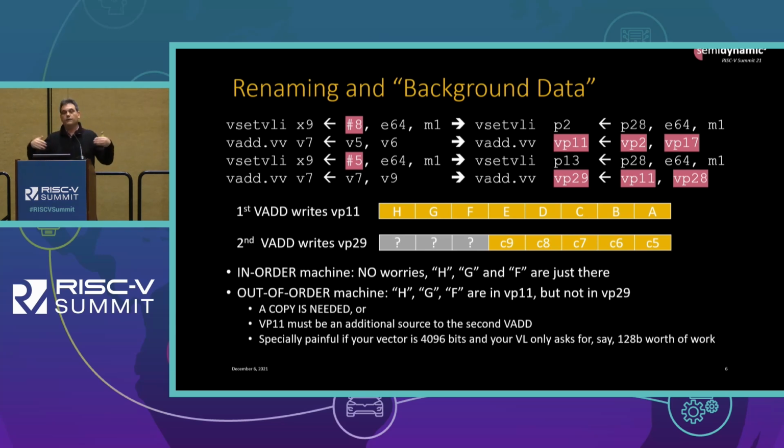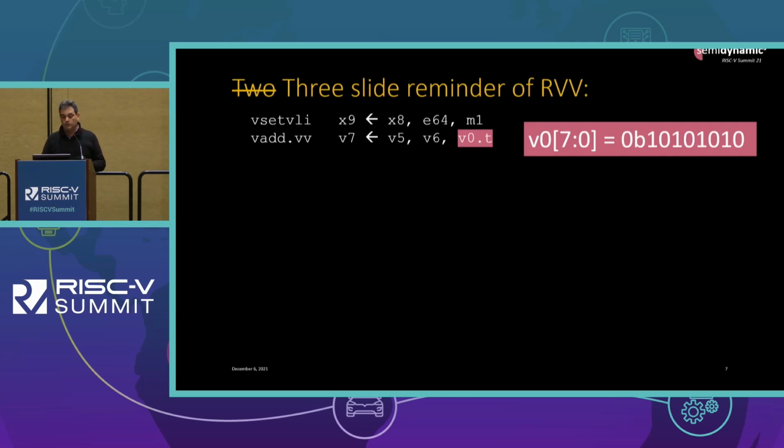You've been doing this vector work in big vectors, you're very happy, and on the last iteration of the loop, this silly vector length comes around, you have a 4,000-bit vector, and VL is set to 128. And so everything between bit 129 all the way to 4,095, you got to fill with something. So you waste computation cycles just to respect the spec. So that's something you'll have to deal with if you decide to do this.